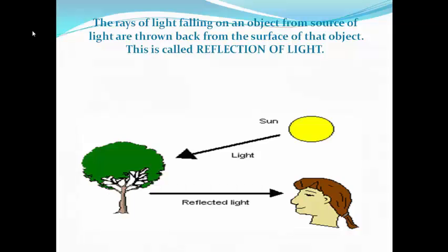So dear students, moving on to the other part of the chapter, how do we see an object? The rays of light falling on an object from a source of light are thrown back from the surface of that object. This is called reflection of light. As you can see in the picture, the light from the sun is falling on the tree, and from the tree it is reflecting back to the person so that the person can see the tree.